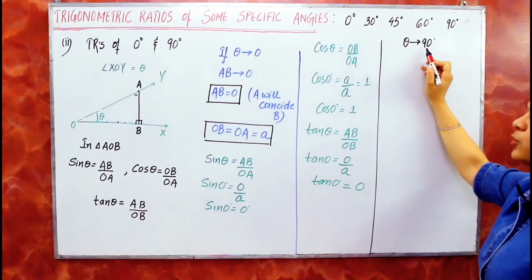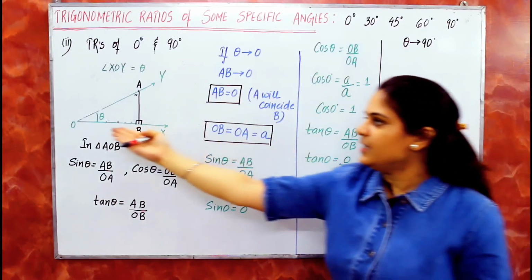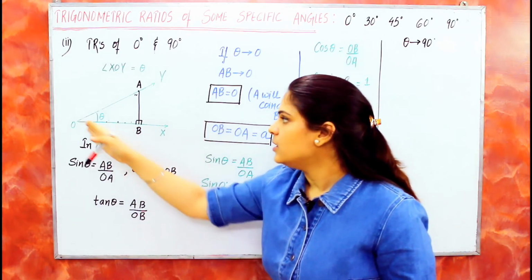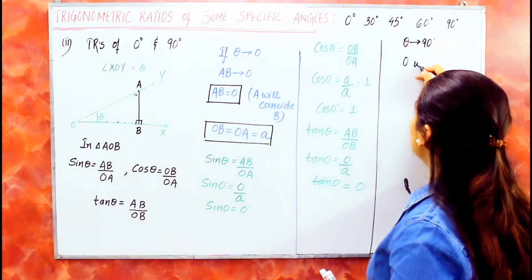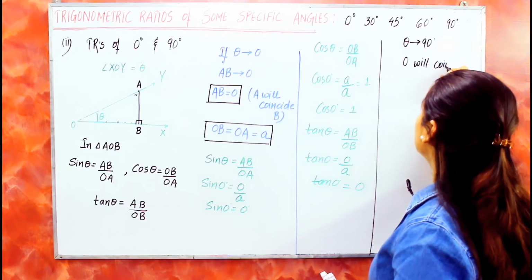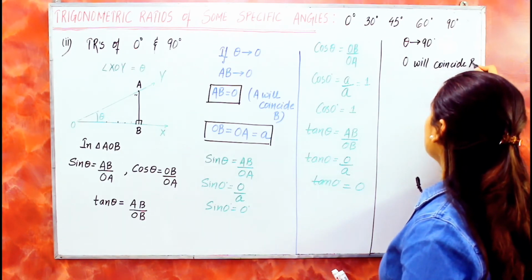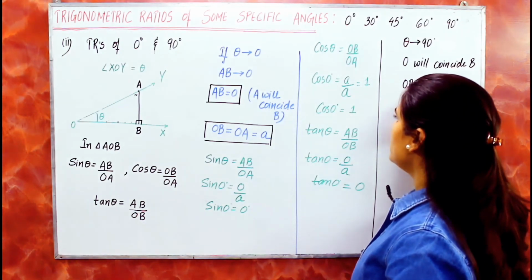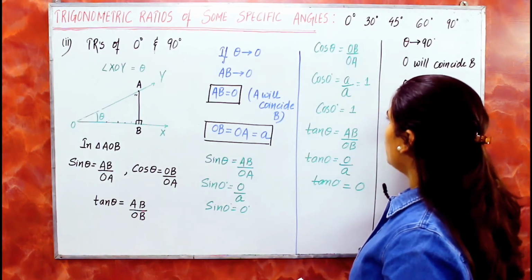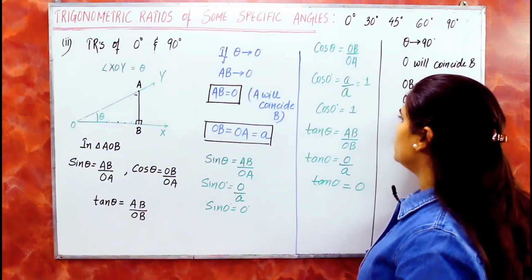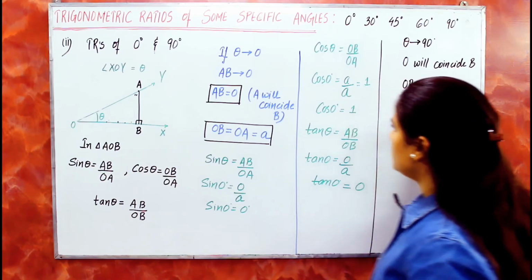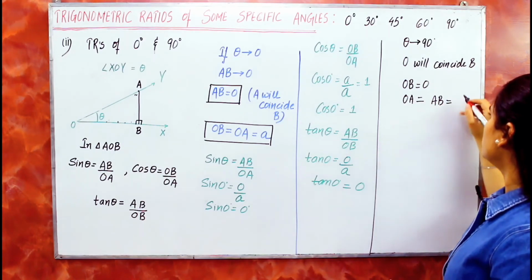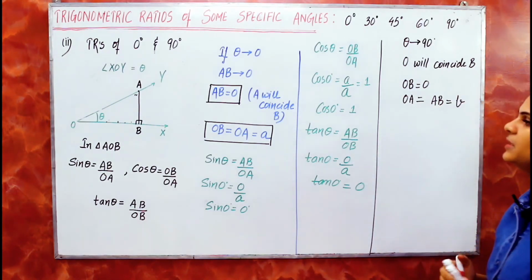When theta is approaching 90 degrees, side OB is becoming smaller and smaller and at one point O will coincide with point B, which means side OB is equal to 0 and OA will be equal to AB. Let's say OA is equal to AB is equal to b.